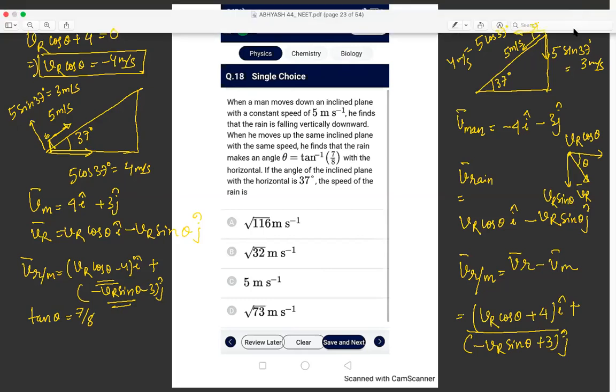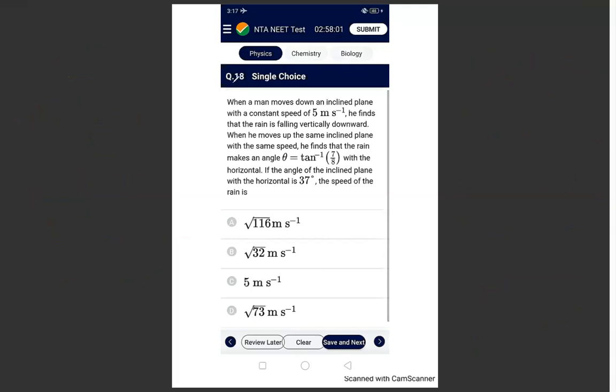So let's write down that minus Vr sin theta minus 3 divided by Vr cos theta minus 4 is equal to 7 by 8. In the first equation, we calculated Vr cos theta to be minus 4. So minus 4 and minus 4 give you minus 8. So I write minus Vr sin theta minus 3 upon minus 8 equal to 7 by 8.